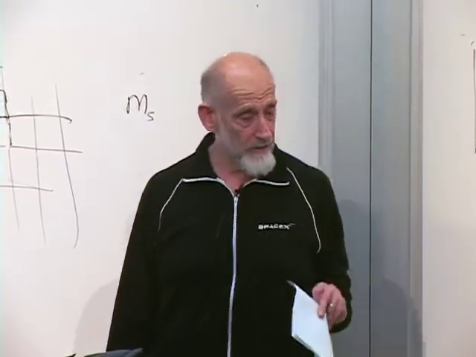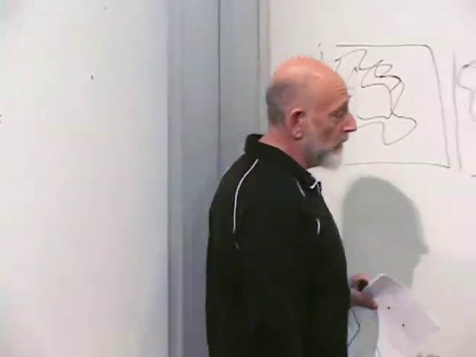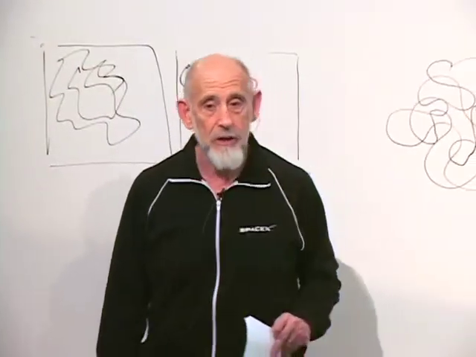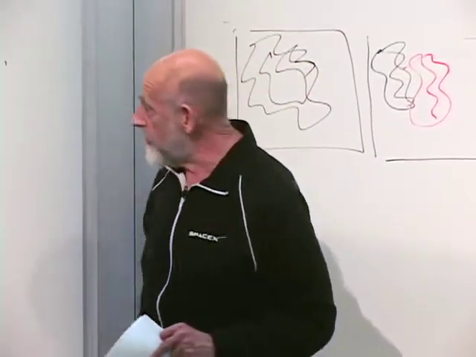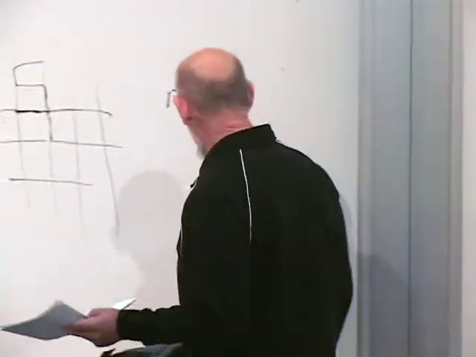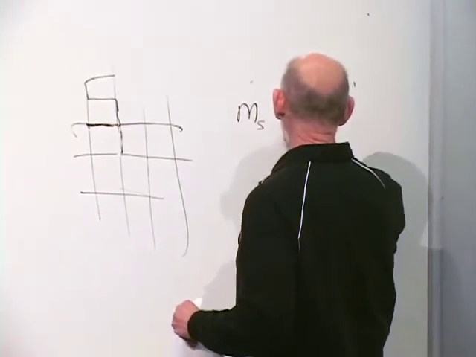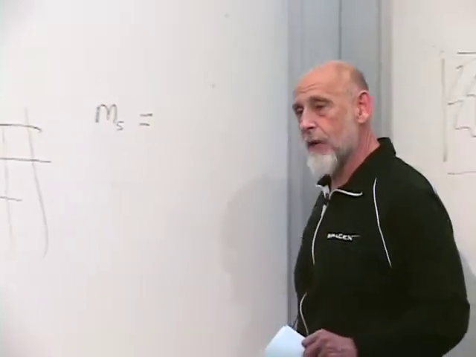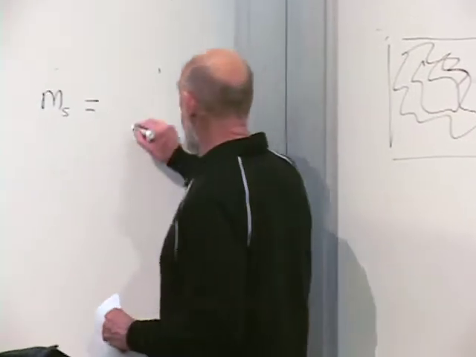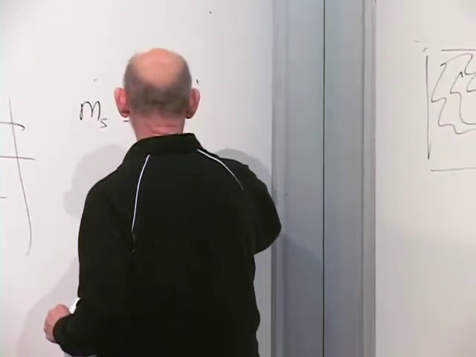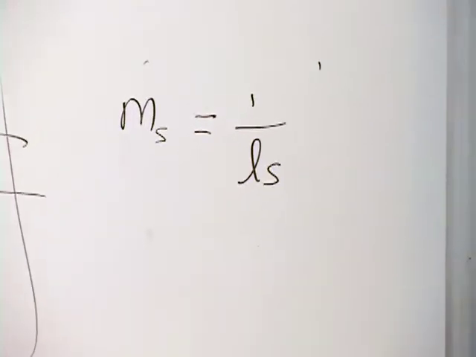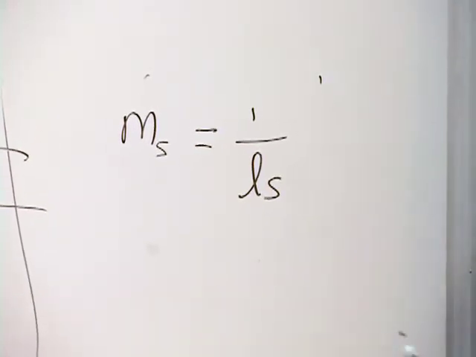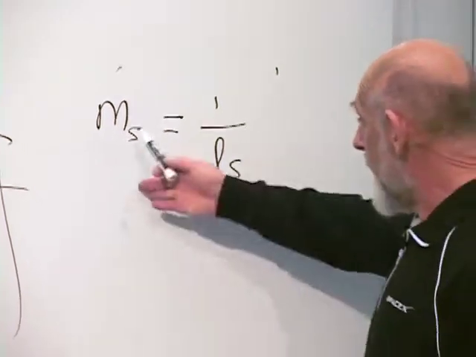Now all we have to remember is that mass units are the same as inverse length units. And the only possible equation that we can write down for this is that it's equal to 1 divided by the string length scale. So whatever the string length scale is, the smaller it is, the bigger the mass scale.